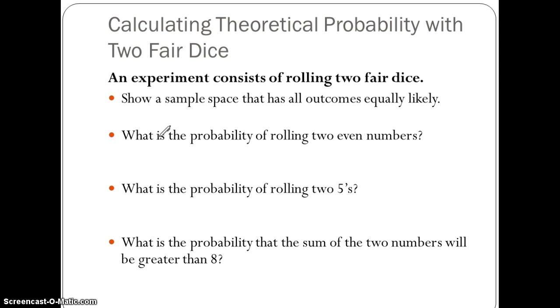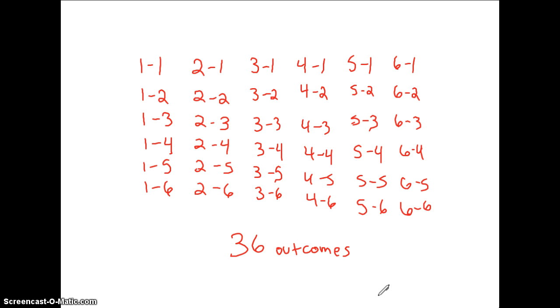So whenever they ask what is the probability of rolling 2 even numbers, probability of 2 evens, when we go over here, we look for 2 evens. All of these are odds. The first number is 2. So we got 2,2, 2,4, and 2,6. There's 3. 4,2, 4,4, 4,6.